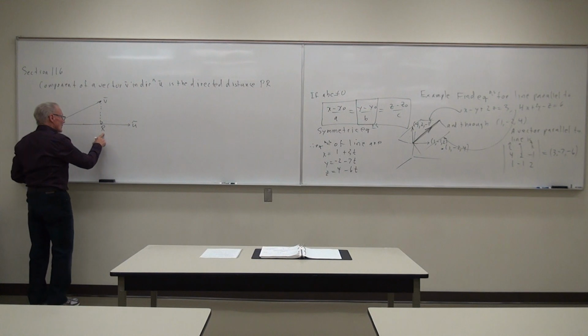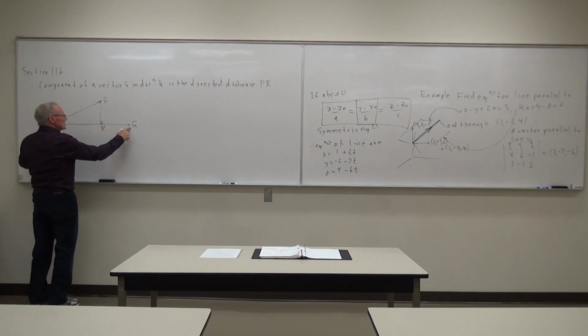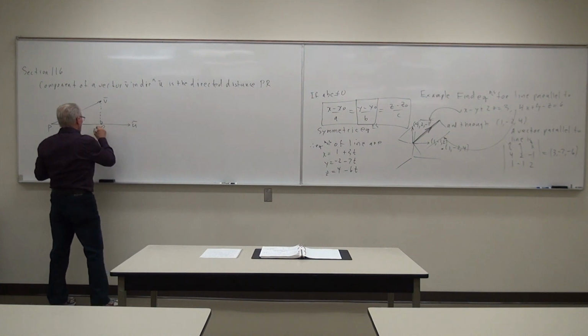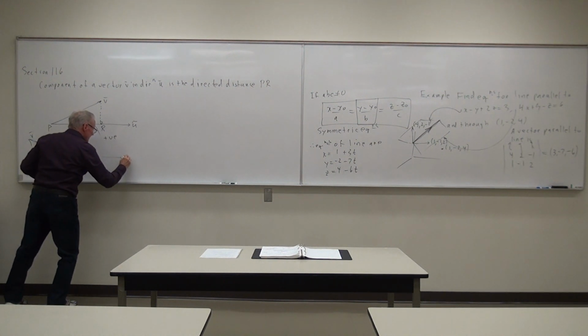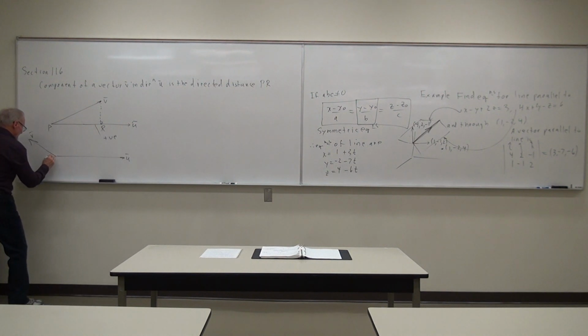If R lies on the same side of P as the tip of u, this PR is positive. But I could have the following scenario. Suppose this is v and this is u again. Now when I drop the perpendicular, I have to do this.